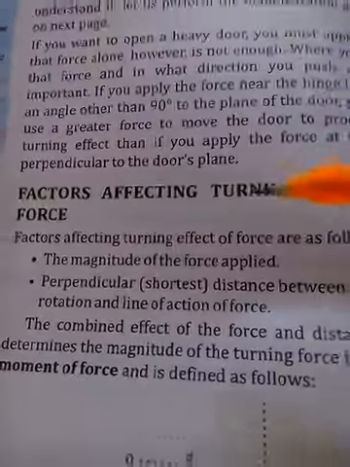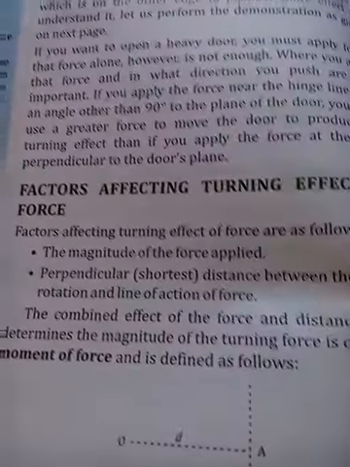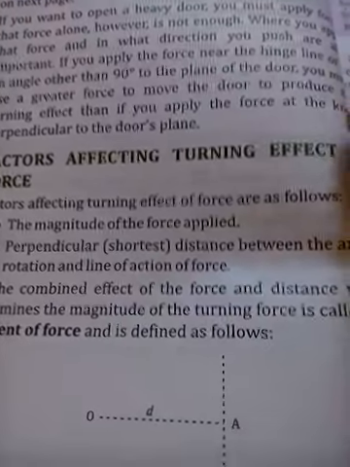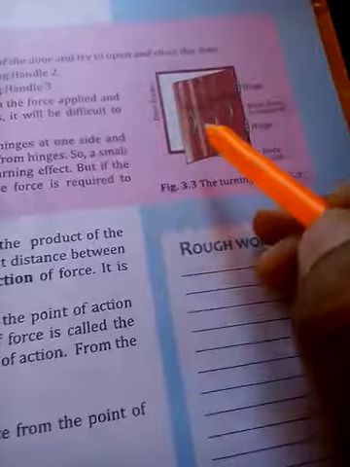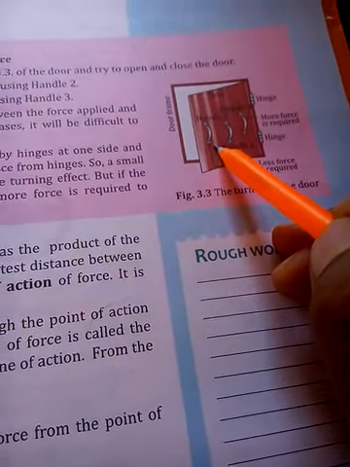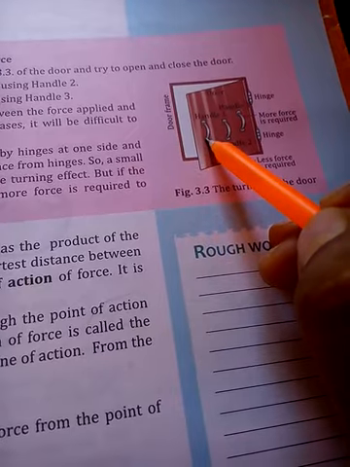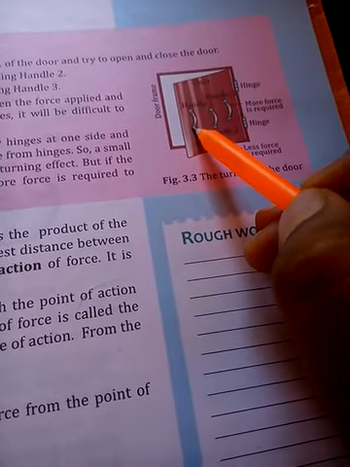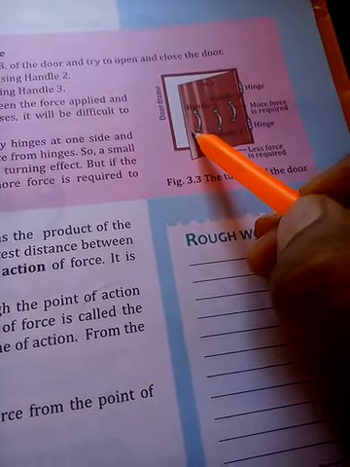Now what are the factors affecting the turning effect of force? Just now we saw that two things are very important in order to produce the turning effect. The first is that obviously you need to apply force. Without force, we cannot think of the turning effect, right?